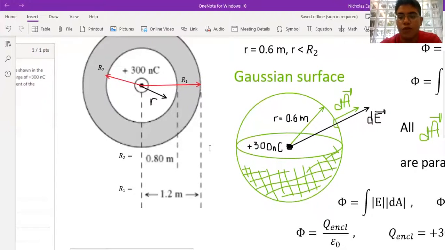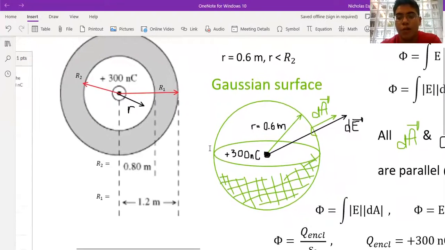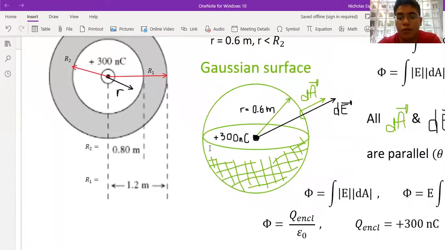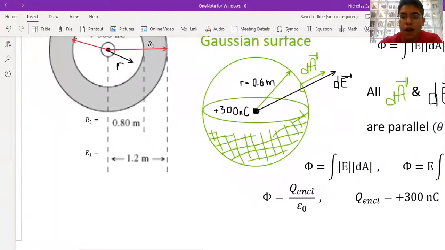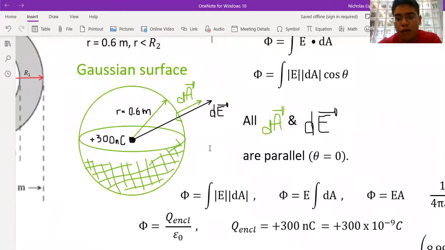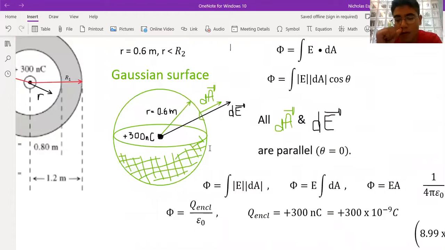Using the Gaussian surface, we use symmetry to help us. As we could see, every single dA, which is the vector of area pointing out of the surface, is parallel to every single vector of the electrical field, meaning that every angle between the area and the electrical field at some point on the surface is going to be an angle of 0.